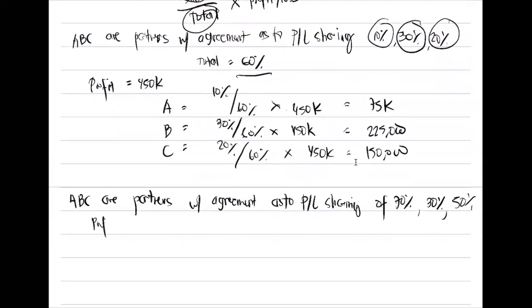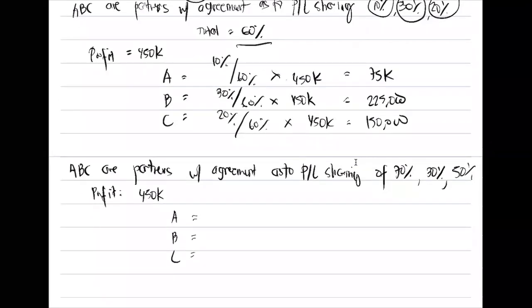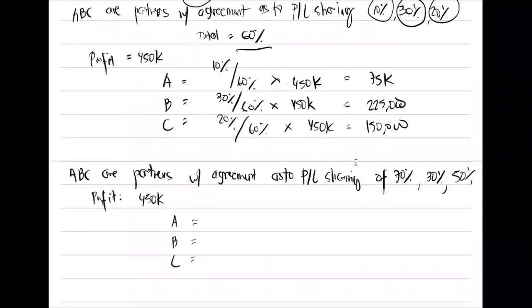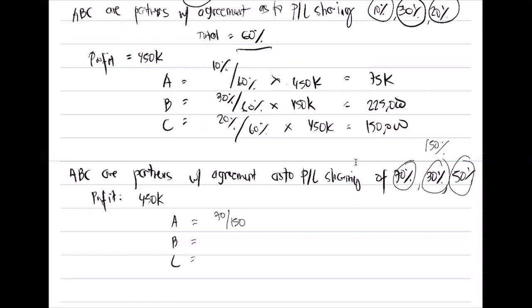So if we have profit of 450,000, how do we share it? We have A, B, and C. So first, we get for the total. 70 plus 30 plus 50 will give us 150. So for A, we have 70 over 150. For B, we have 30 over 150. For C, we have 50 over 150. We multiply that to the amount of 450,000.